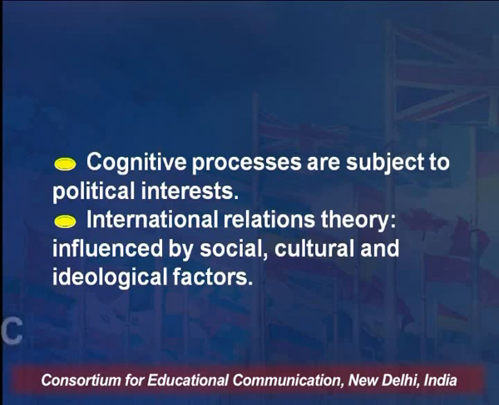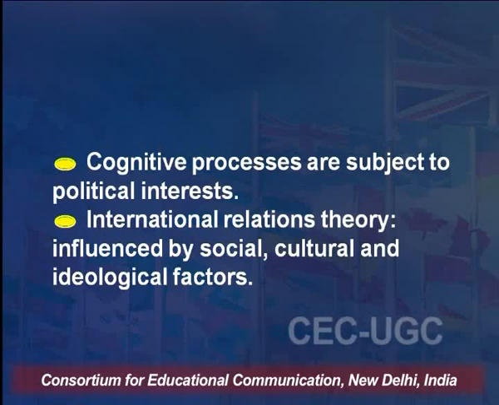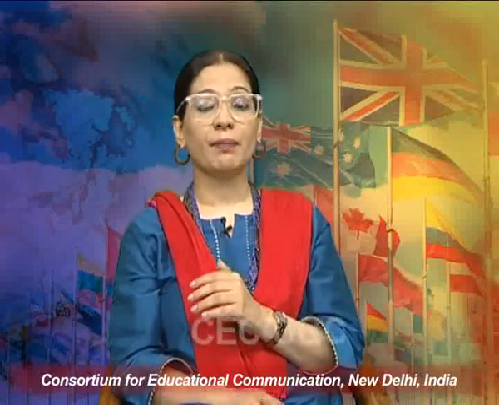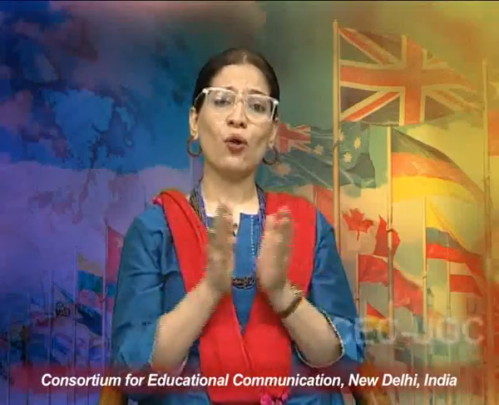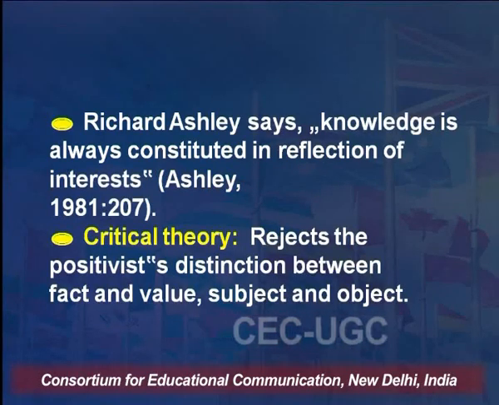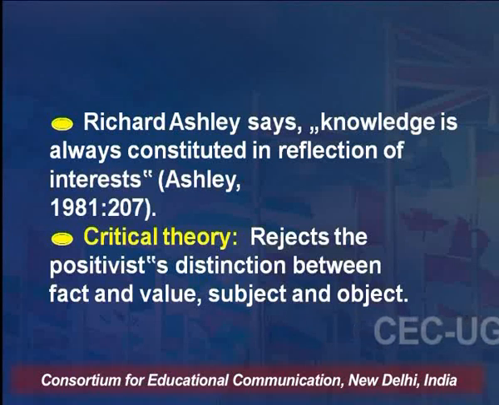International relations theory is influenced by social, cultural, ideological factors also, and this is what distinguishes neo-Marxism from the Marxist perspective also. Quoting Richard Ashley from his work in 1981, knowledge is always constituted in reflection of interest.